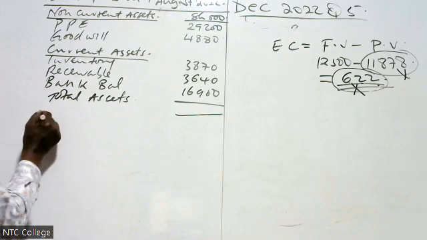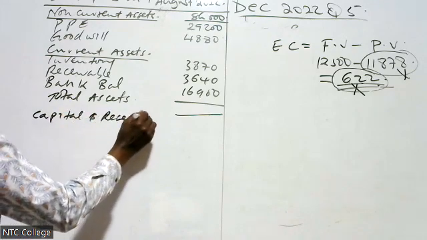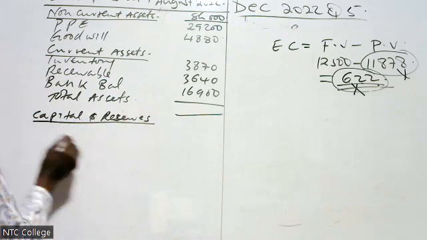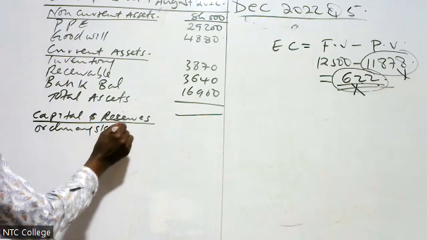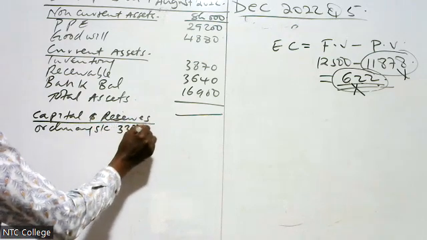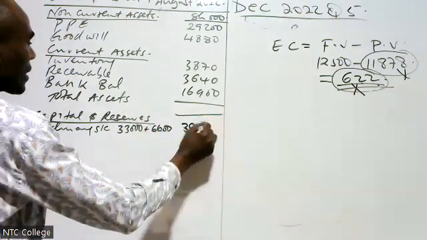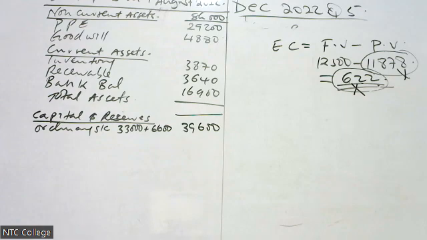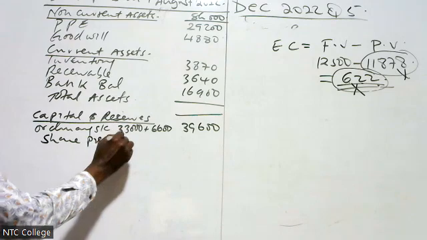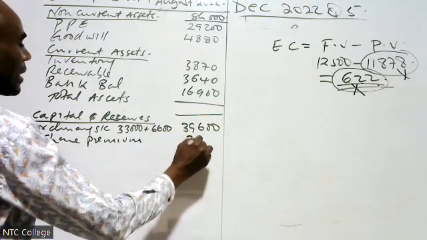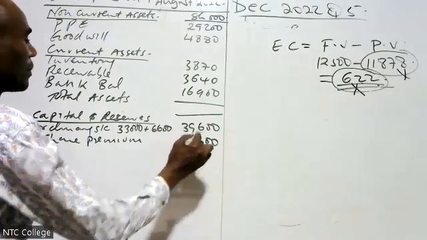Then we go to capital and reserves. Ordinary share capital, 33 plus 66, which is 39,600. Share premium, it was 3,300. Share premium was 33.